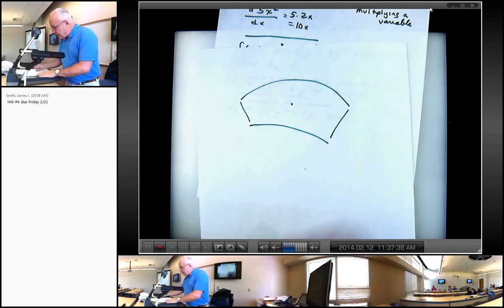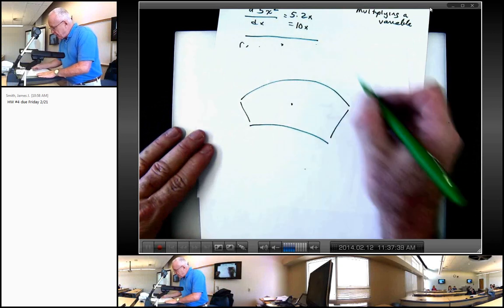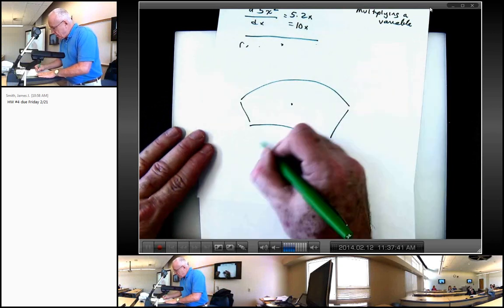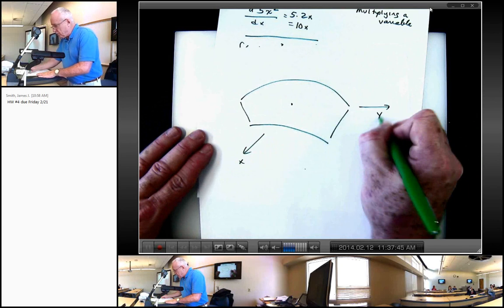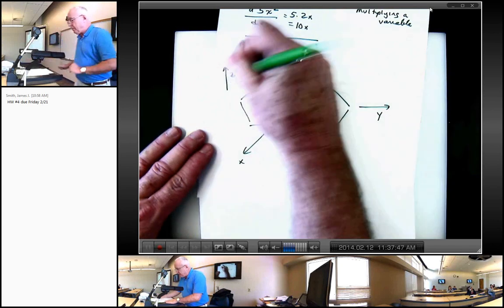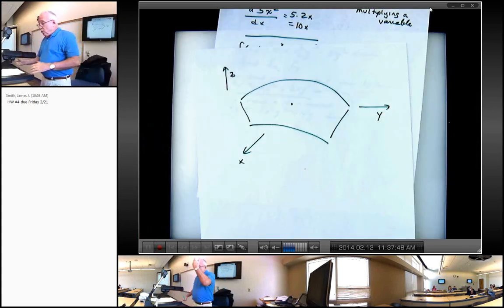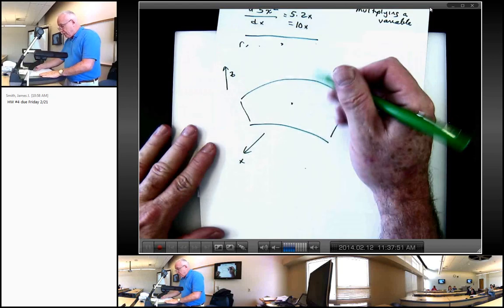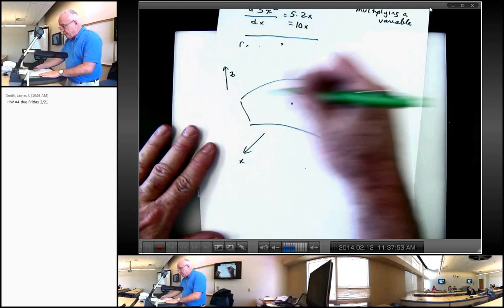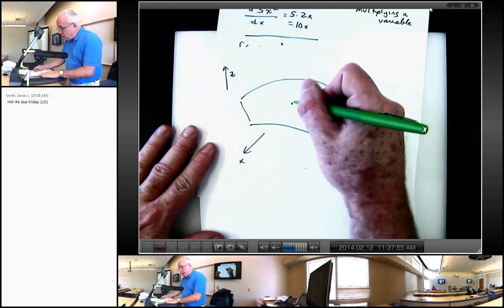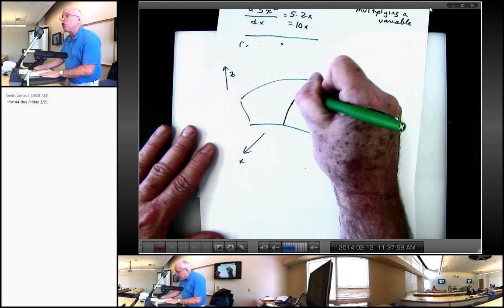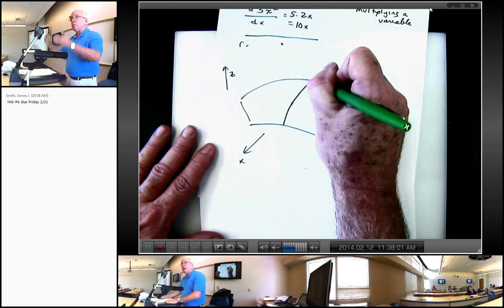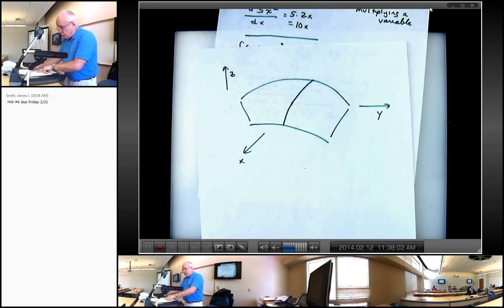And let's say that here's our x direction, and here is our y direction. And of course, our z direction is up here. We want to basically cut the surface in two ways. We cut it along the x-axis, and when we cut it with a plane, that gives us a curve.